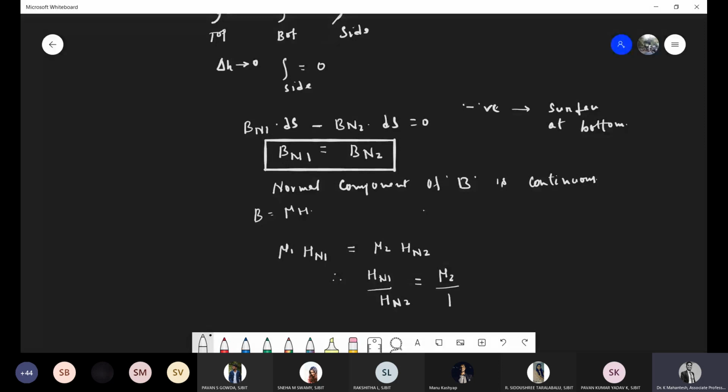So what happens to the normal component of magnetic field? The normal component of H is discontinuous. Why? Because mu1 and mu2 vary.